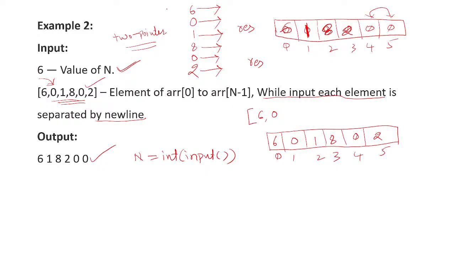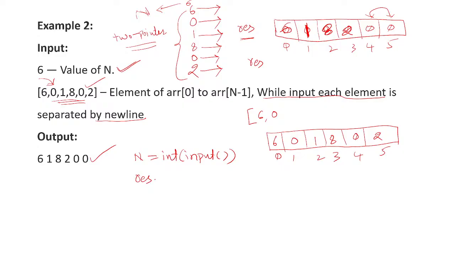The first element is 6, followed by 6 array elements provided to you like this. The first number, the n value, I am reading into n. Next you need to run a loop for this, but before that you create a result array.